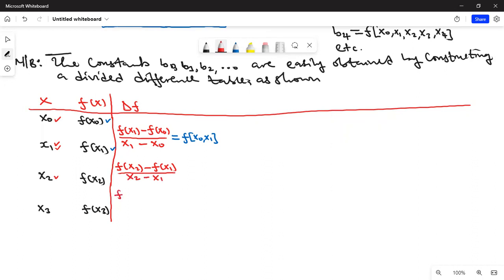Similarly, we'll have f of x3 minus f of x2 divided by x3 minus x2. So how do we write this? It's the same as f of x1, x2. This also can be written as f of x2, x3.